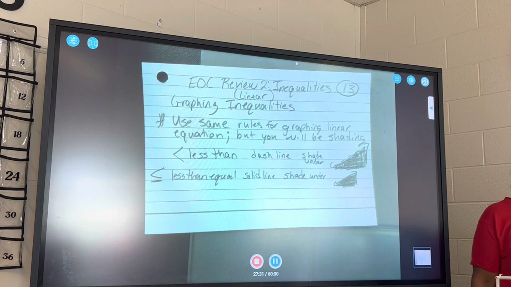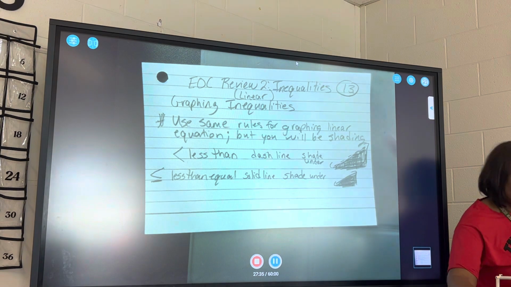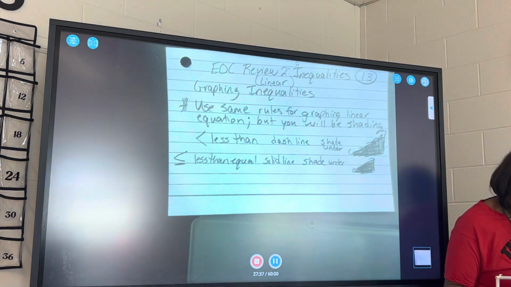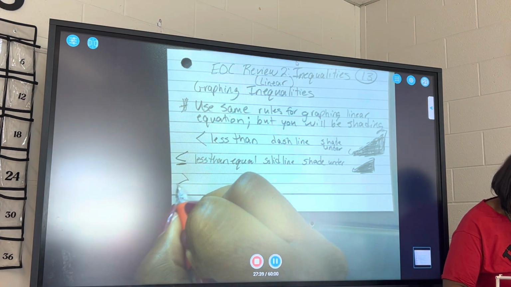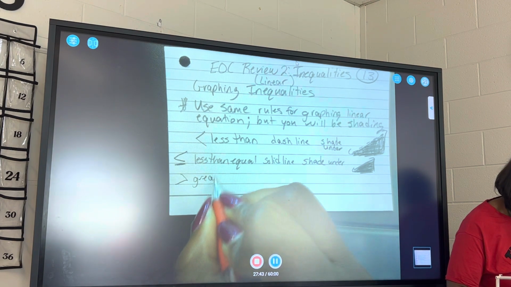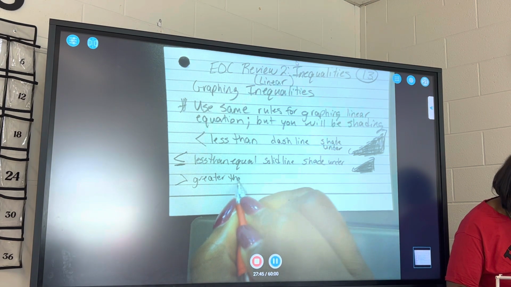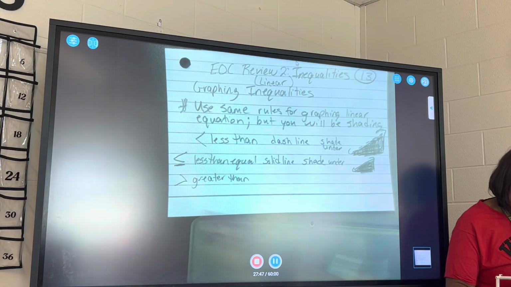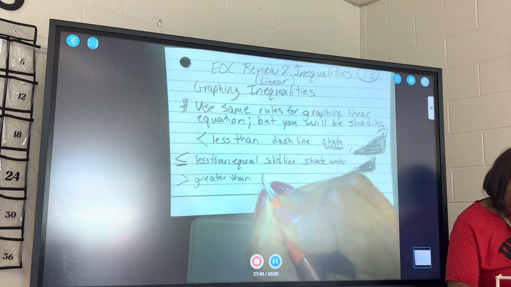Two more. Greater than and greater than or equal to. Greater than sign goes like this. Since there's no equal to, it's gonna be a dash line.